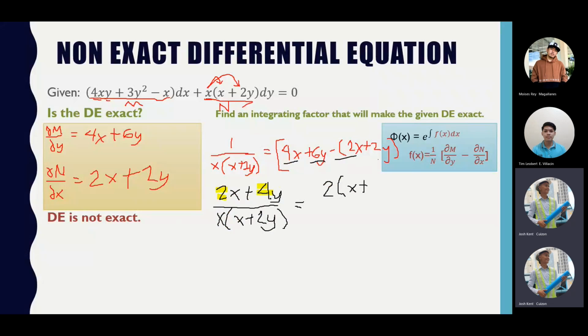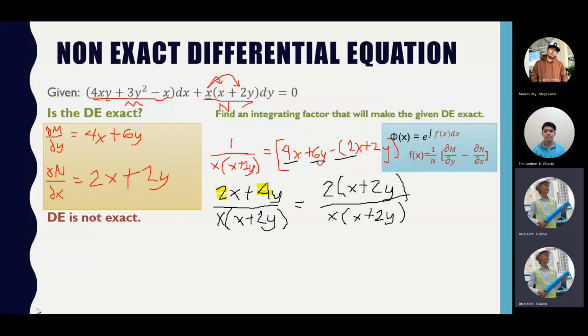So, x plus 2y. Because 2 times x is 2x, and 2 times 2y is 4y. All over x times x plus 2y.